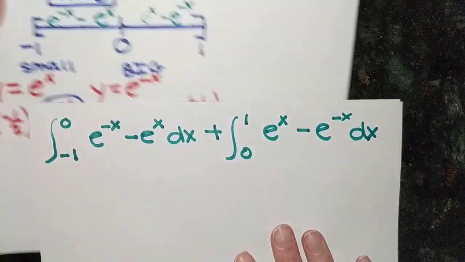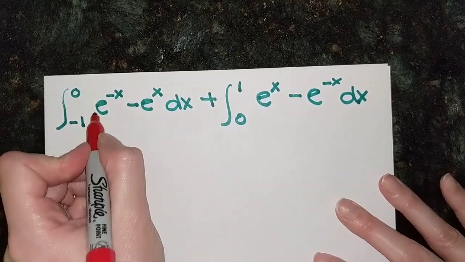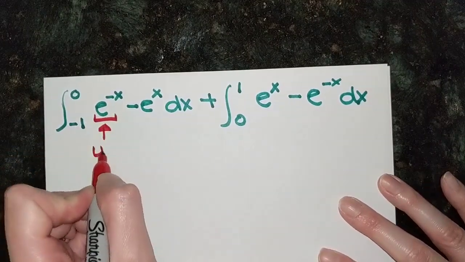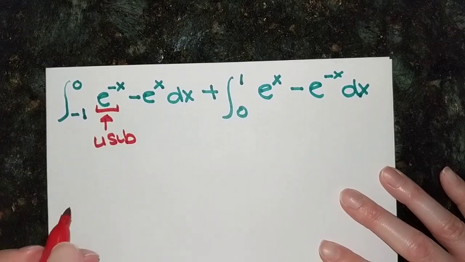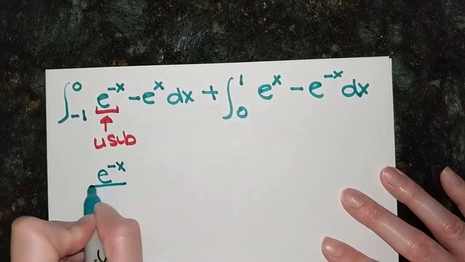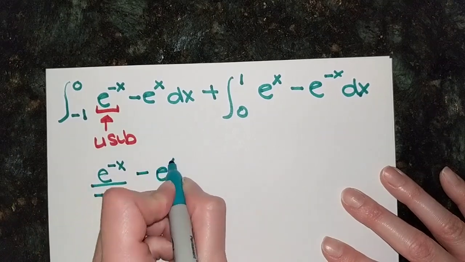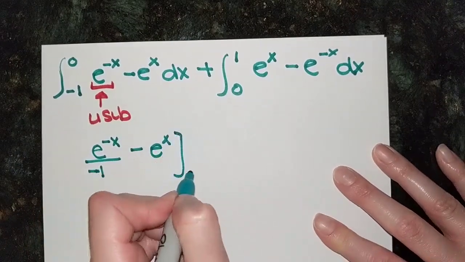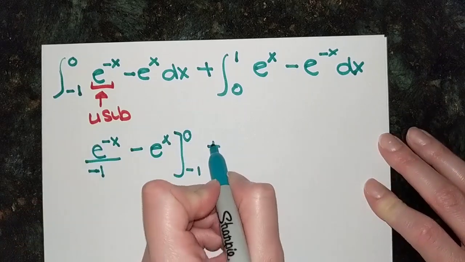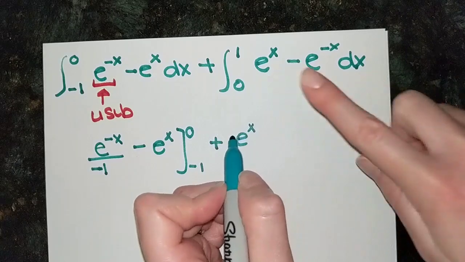Now, my battery is a little low, so just to kind of quickly talk about this, for this first one, you are going to have to do a u substitution, and that is going to give you e to the -x over -1 when you do the u sub. Minus e to the x is just going to go to the e to the x. Okay, then you add that, same idea over here, the e to the x stays.